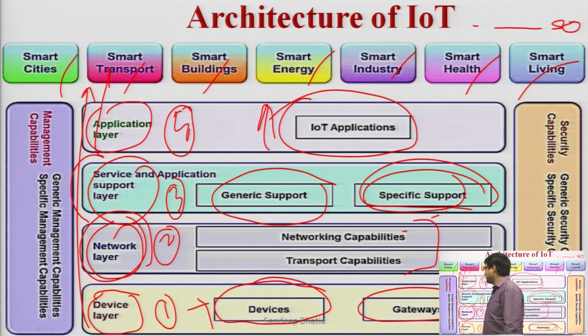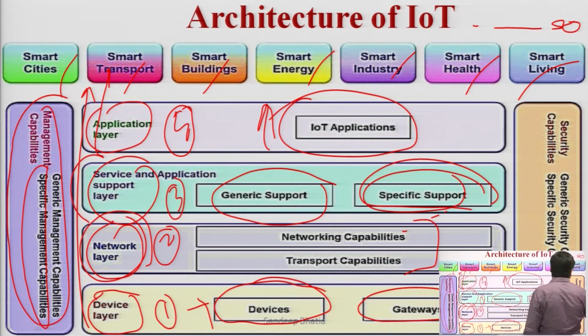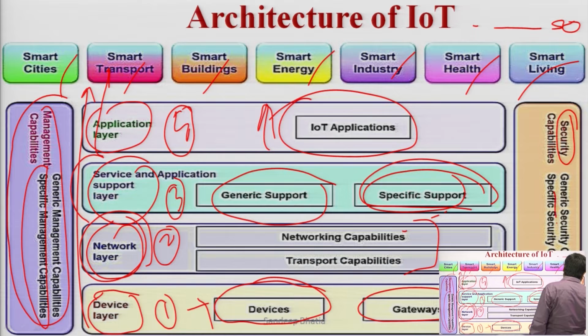All the applications are supported by management capabilities, generic and specific. Security should be a concern because all the devices are vulnerable to the environment. Security is a key challenge, and it may be generic security and specific security.